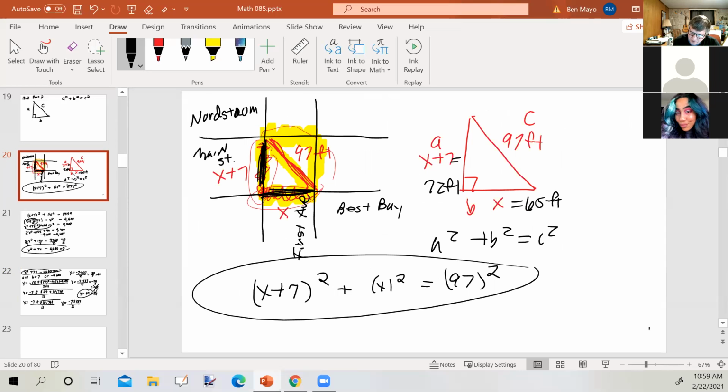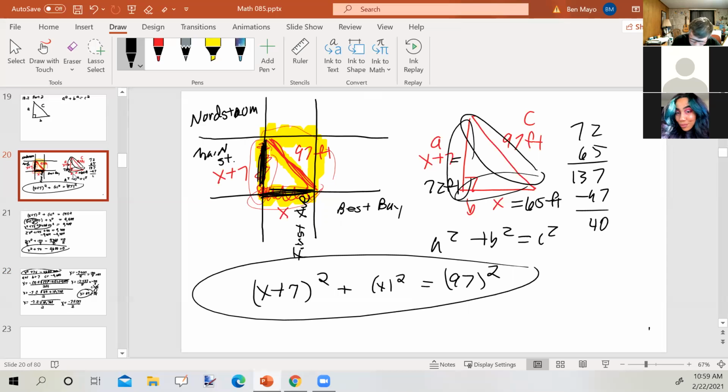Now, the original question was, how many feet do you save by walking this distance as opposed to those two? 72 plus 65 is 137, okay? Minus 97 is what, 40?